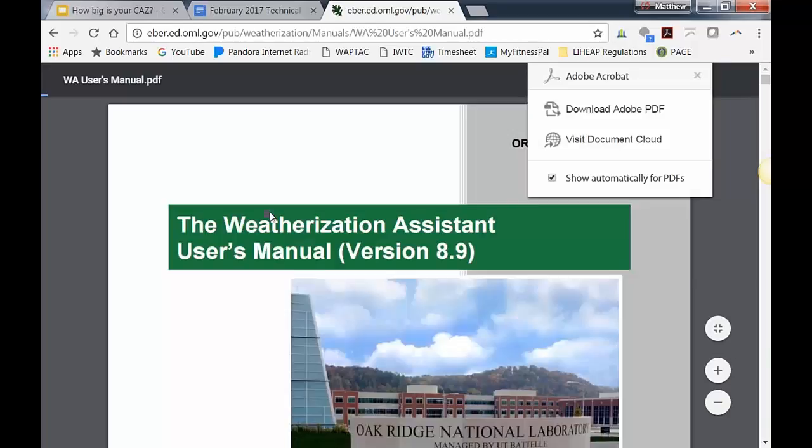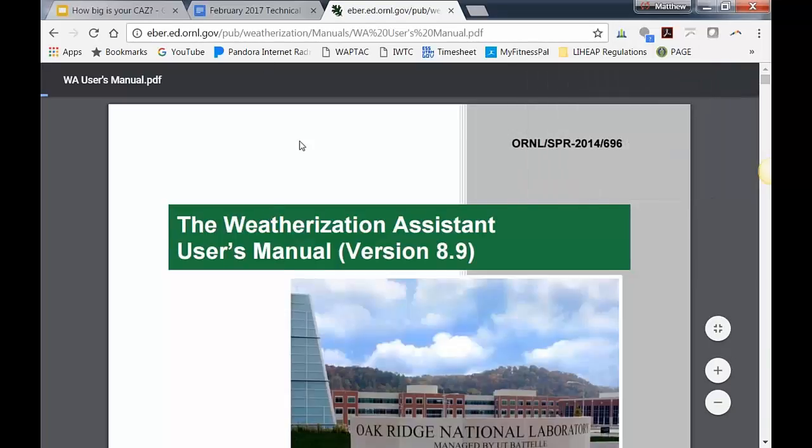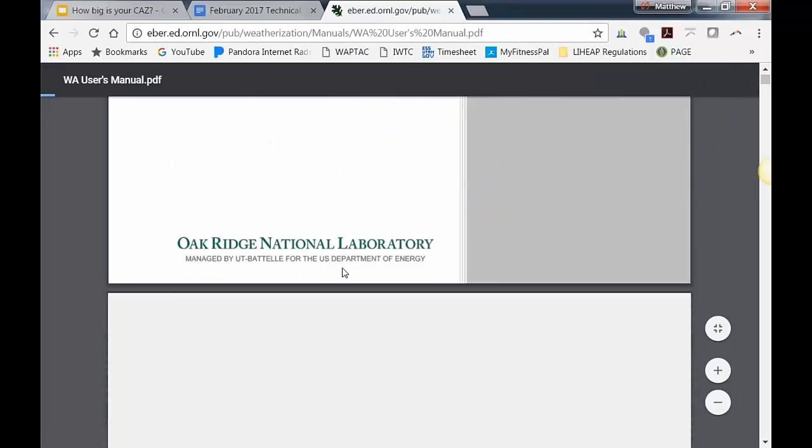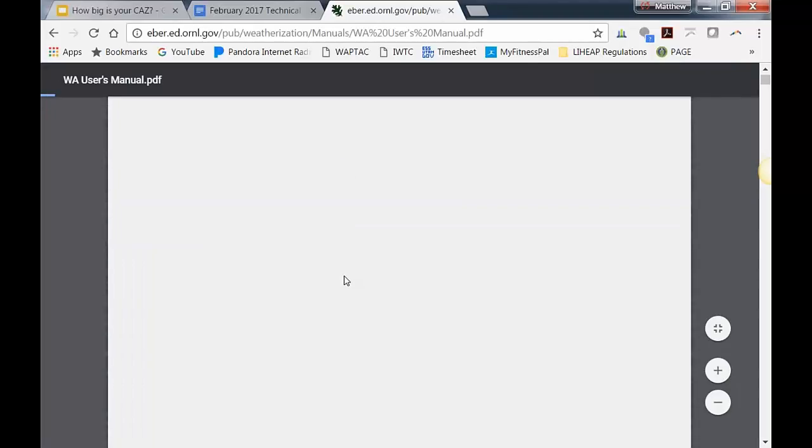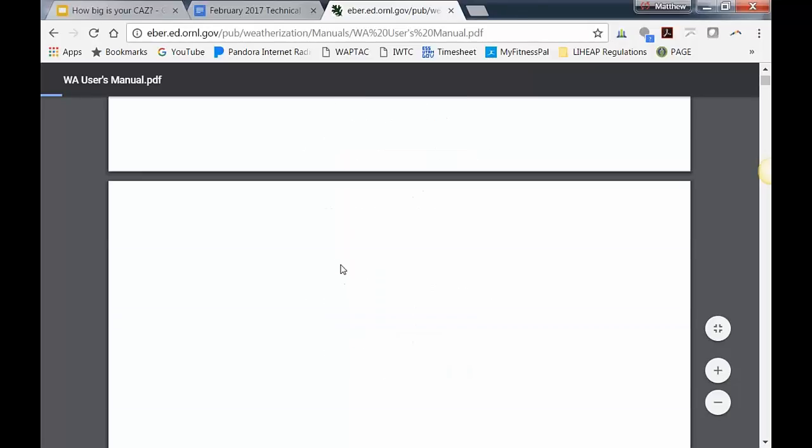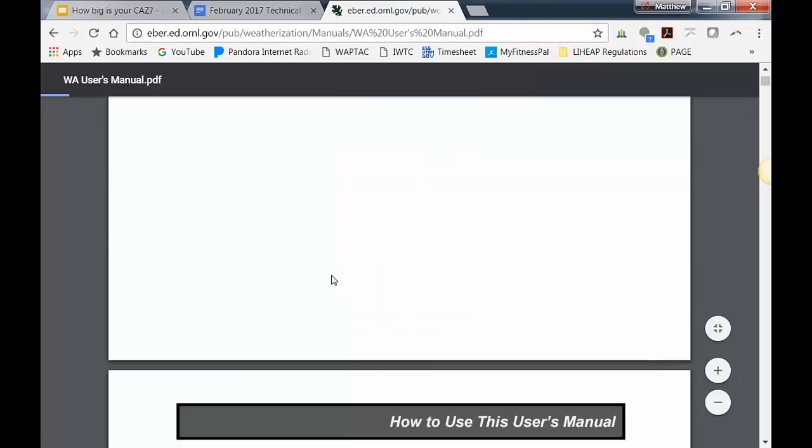It's got a ton of stuff in it. Basically, the folks that wrote the audit tried to give a description of what you would need to know about every single page, everything you're doing in the audit. There's a lot of good info in there.